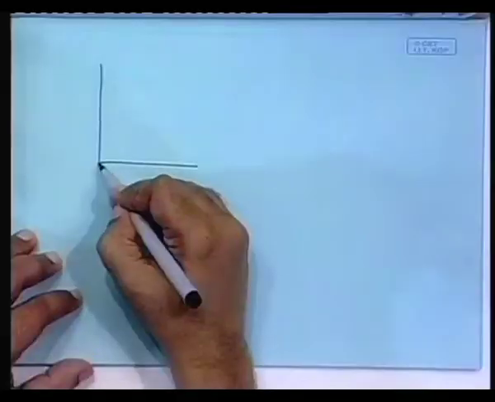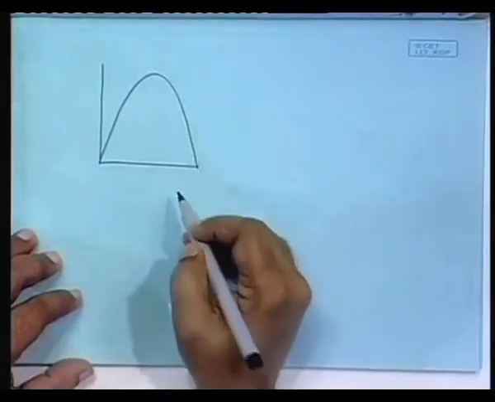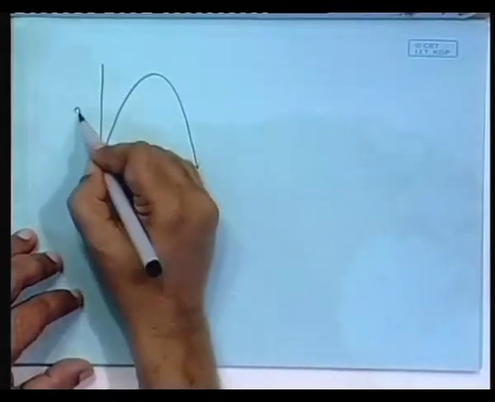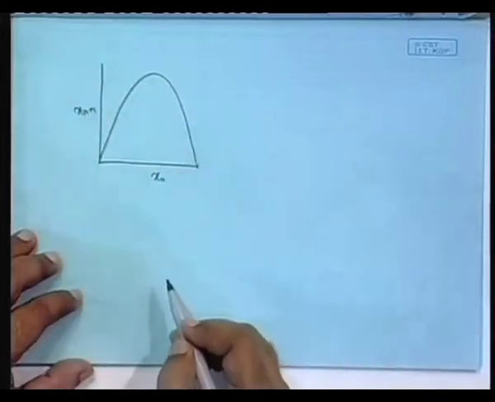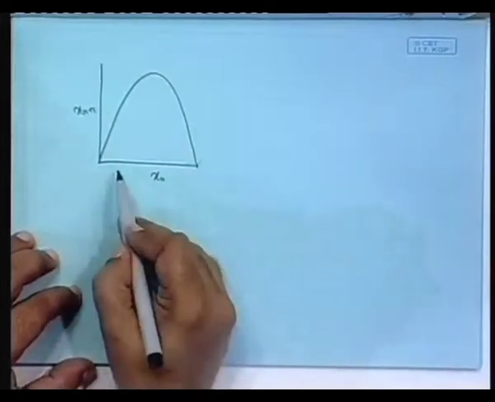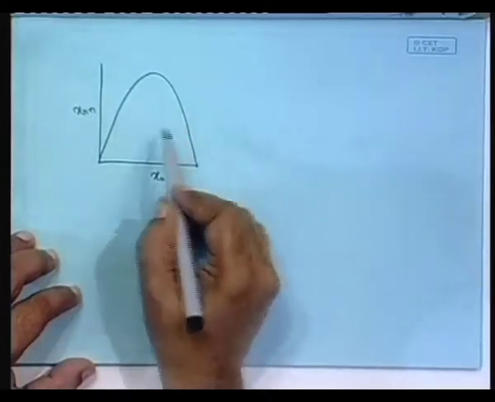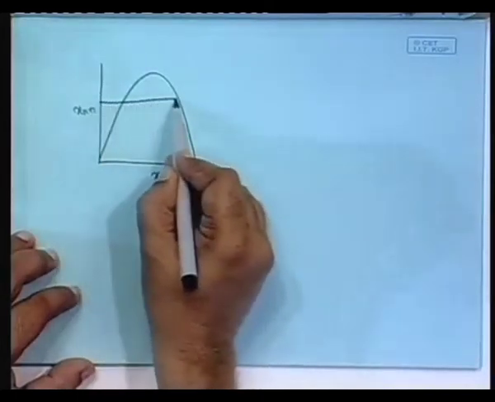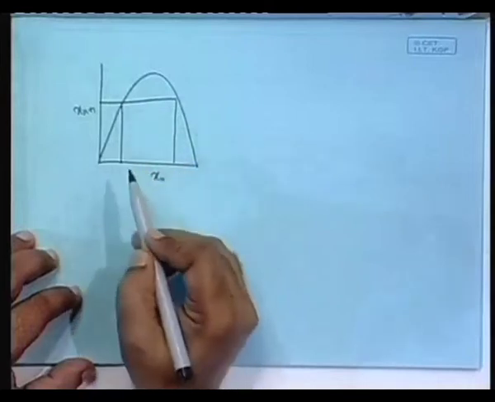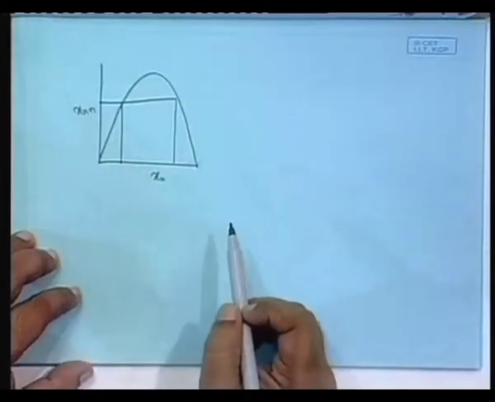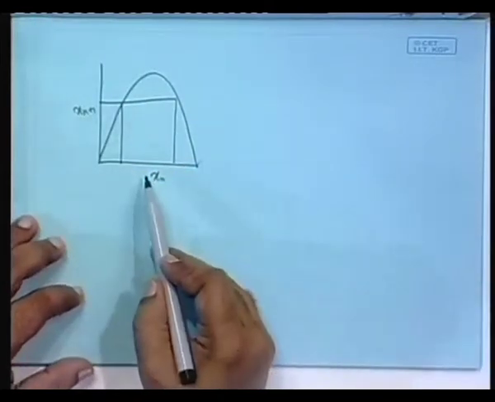Just refer to the situation in one dimension. You have the logistic map given as this. Is it invertible? No, it is not, because for every value of x n there is a unique value of x n plus 1, but for every value of x n plus 1 there are two values of x n, right. So, it is not invertible.